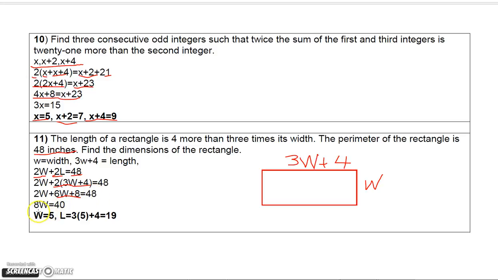So I got 8w is 40, and then divide by 8, I get w equals 5, and then just plug 5 into this expression here for w, and you get 3 times 5 is 15, plus 4 is 19. So the dimensions are 5 by 19. The width is 5, and the length is 19 units. I guess the units would be inches, so 5 inches by 19 inches here.